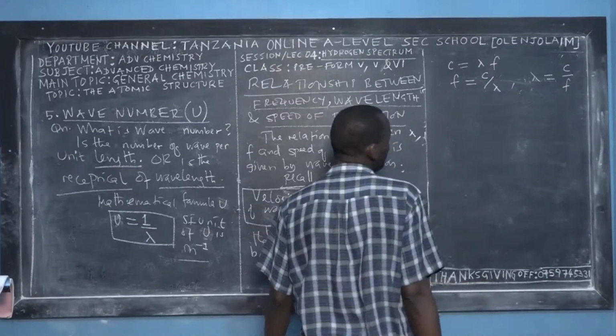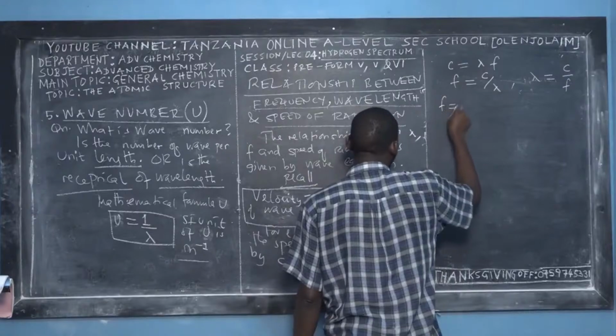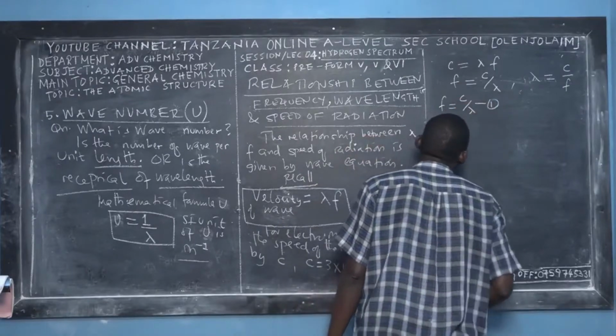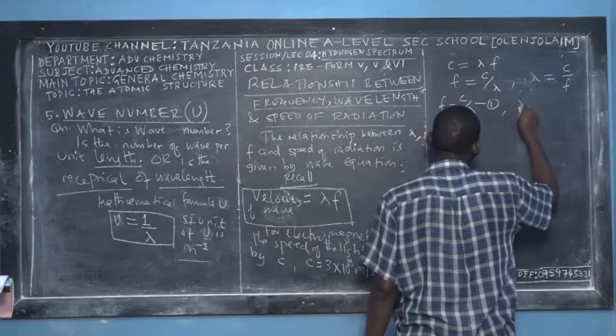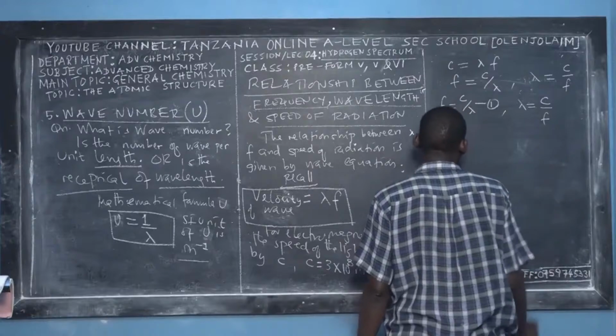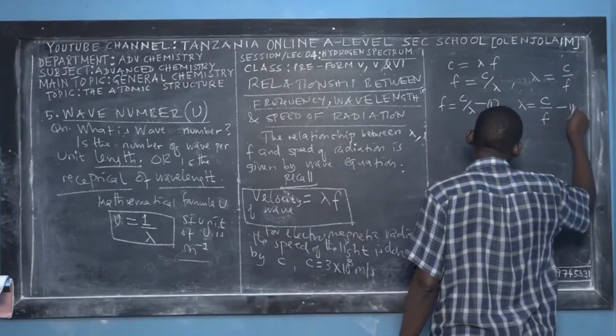These are the two relationships that are very important: the frequency is equal to the speed of the light over wavelength, and the wavelength is equal to the speed of the light over frequency. So this is the secondary relationship.